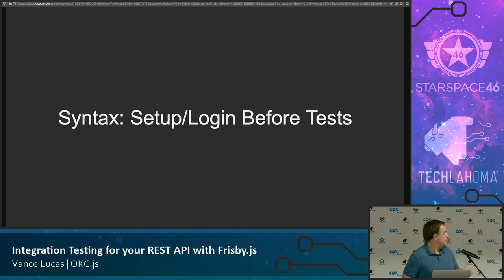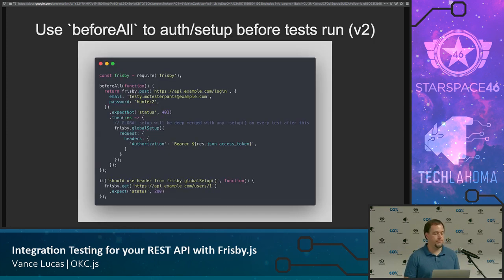So another thing you might want to do is set up or log in before tests. This is another example using beforeAll. What I'm doing here, and this is, I think, what your question, Brian, was alluding to, is that there is a global setup. So there actually is a global setup, but it truly is global, so you have to be careful with it.